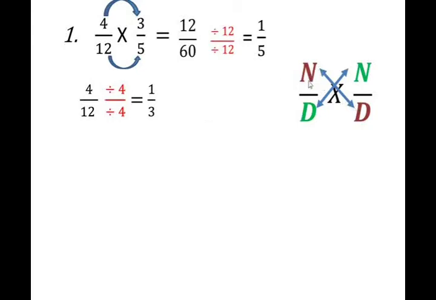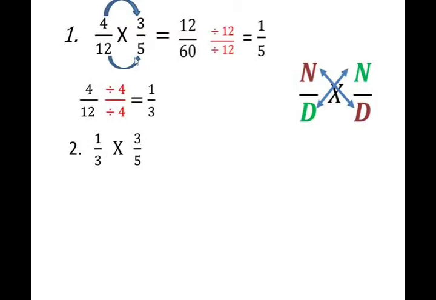Only if there is a common number that can go into both without remainders will you divide and simplify. So instead of writing 4/12ths times 3/5, we can write 1/3, because 1/3 is a simplified, equivalent form of 4/12ths.